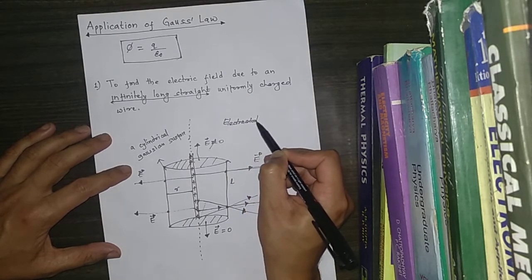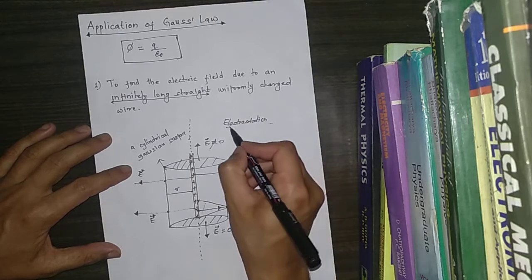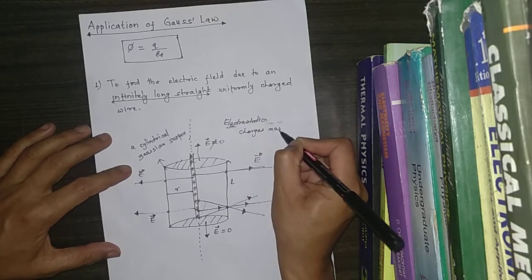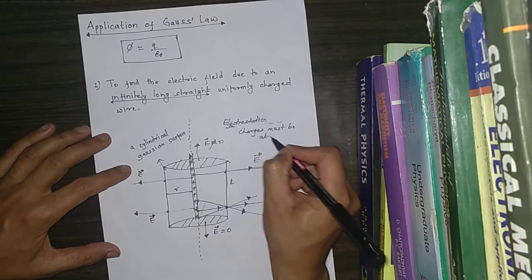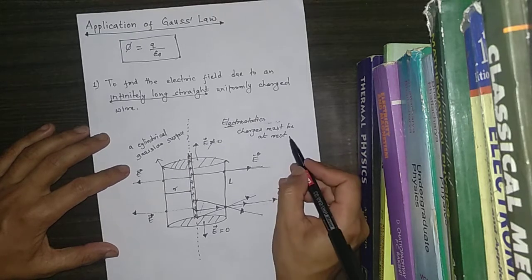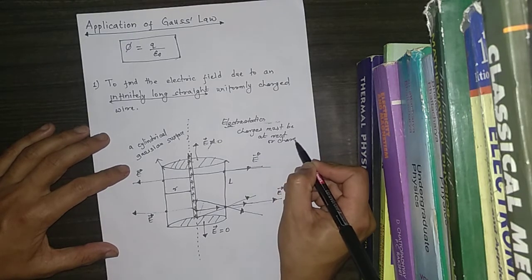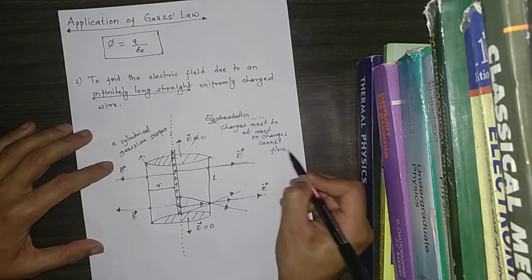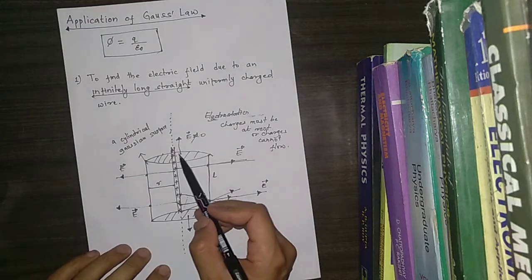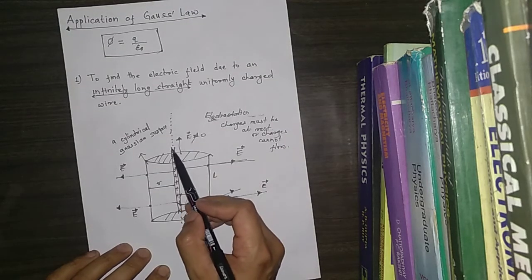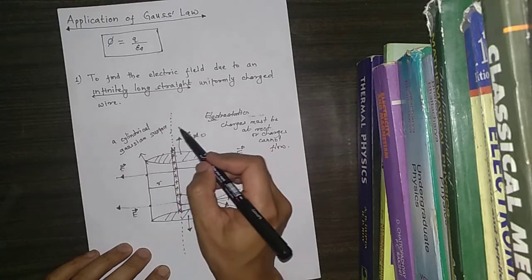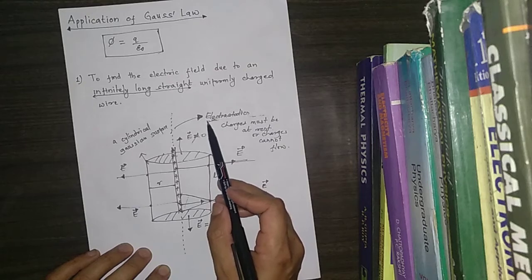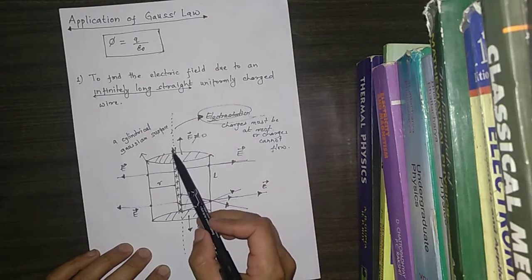electrostatics, which means the charges must be at rest, or charges cannot flow. Therefore, if there were an electric field in this direction, the charges would start to flow, which would contradict the topic itself. We are dealing with electrostatics, so the charges must not flow.